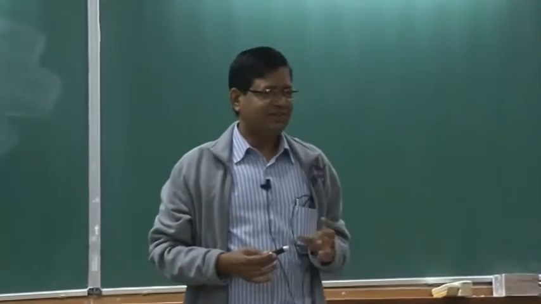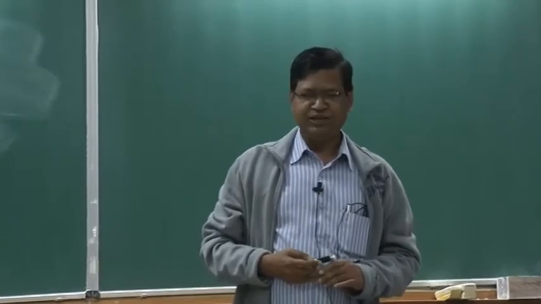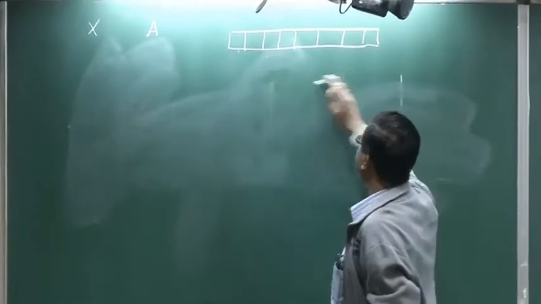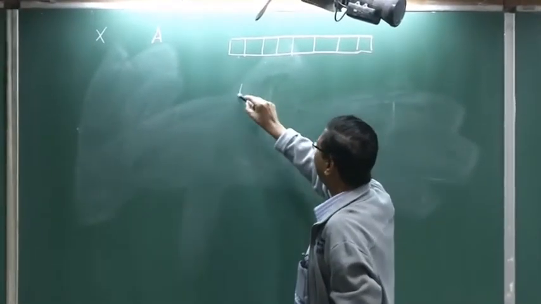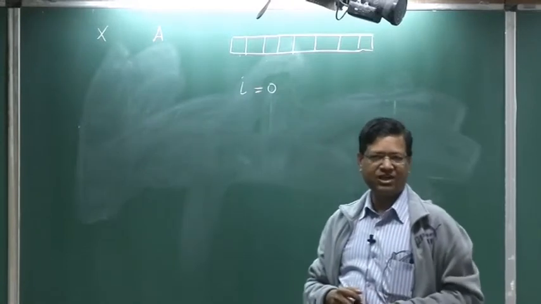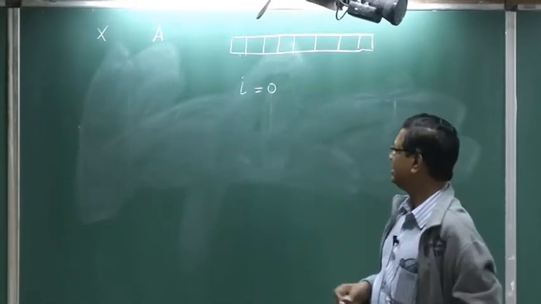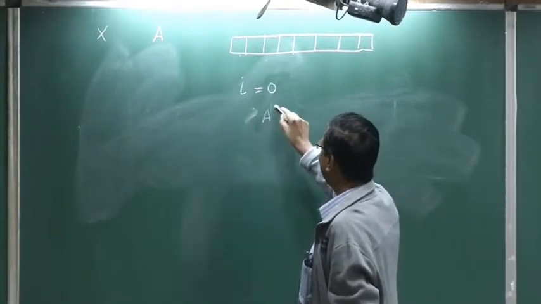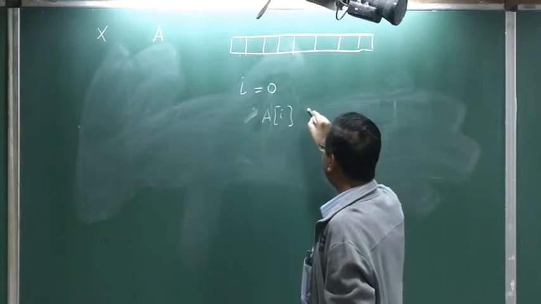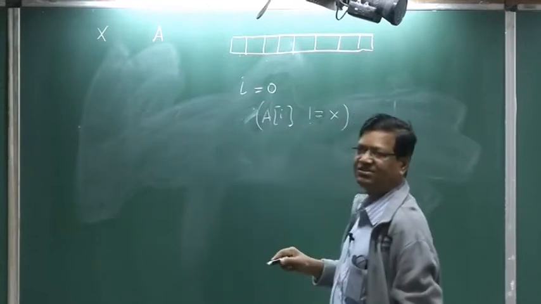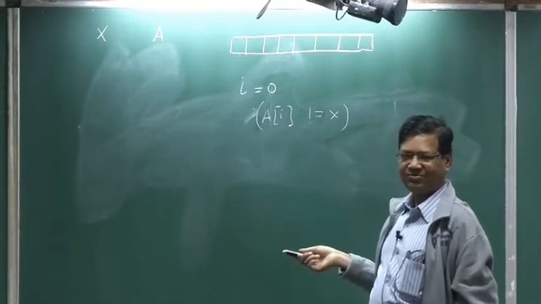So I should just scribble my logic in a loop. Here I would say, well, I start with my initial location, which is i = 0. Then I say, well, if A[i] is not equal to x, then I should go to the next one.